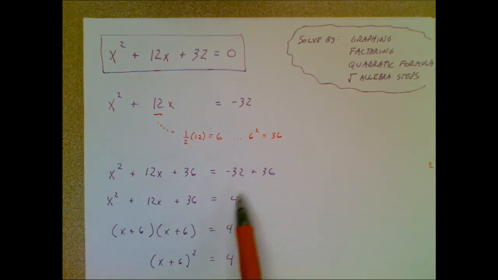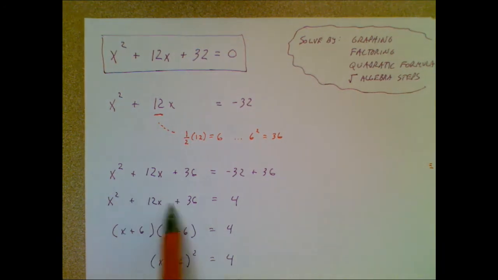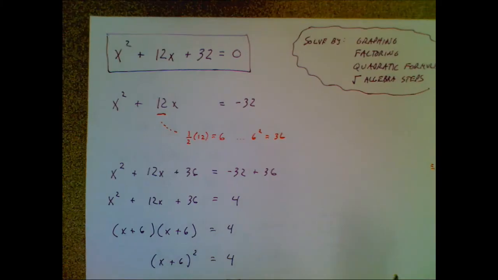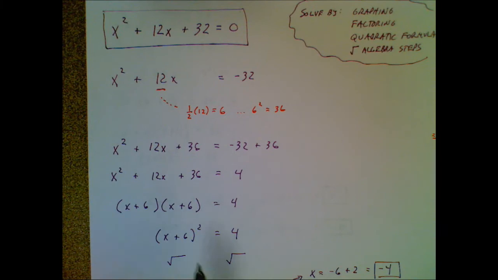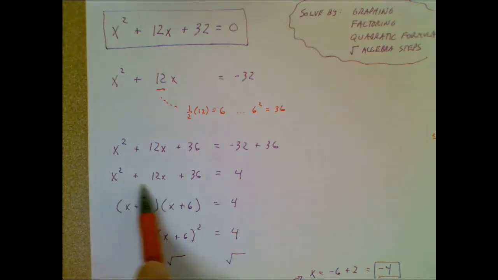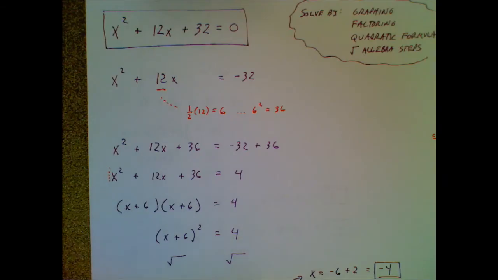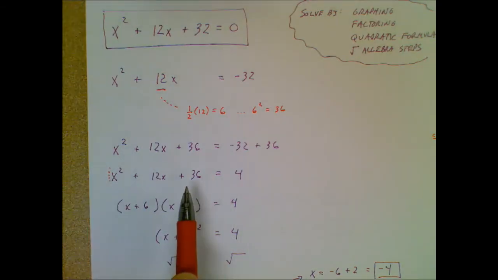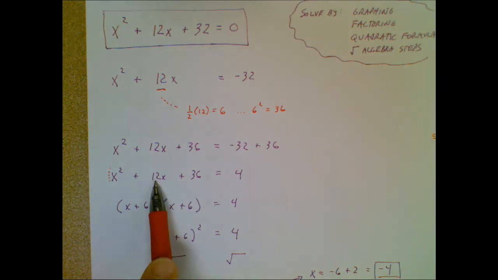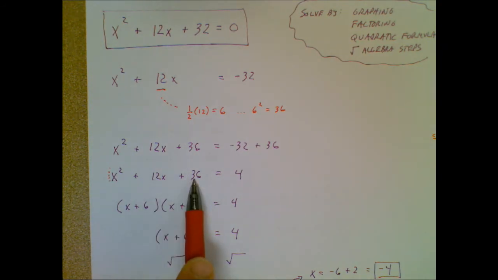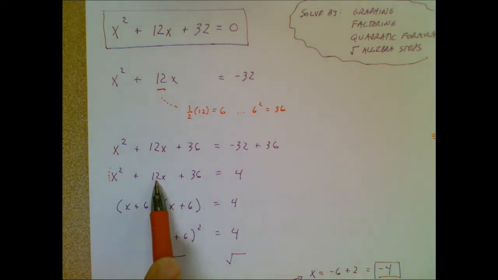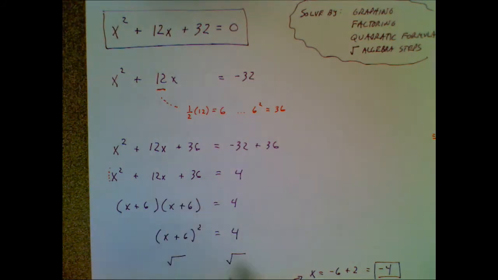Of course these two add to 4, so I just rewrite the left-hand side and turn that into a 4. Then I say, hey, wait a second. This thing can be factored. Since the leading coefficient is 1, I simply ask myself, what two numbers multiply to 36 and add to 12? Of all the numbers that multiply to 36, only two of them add to 12, and that's 6 and 6.